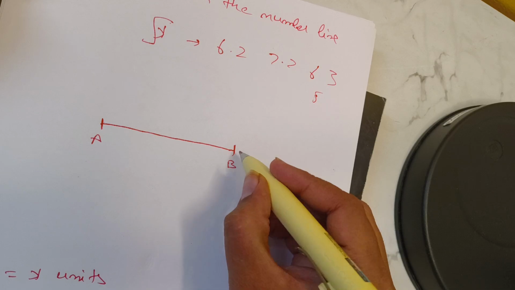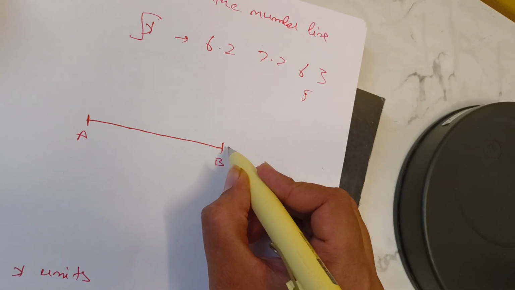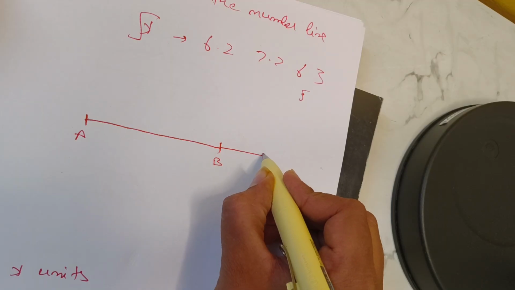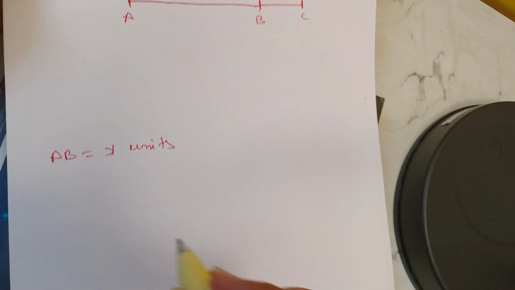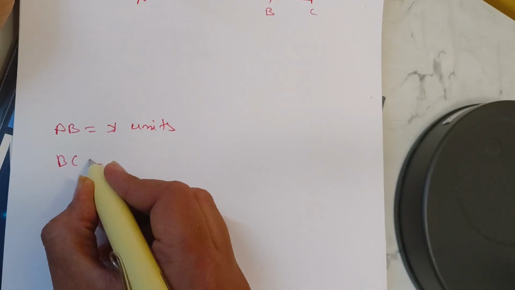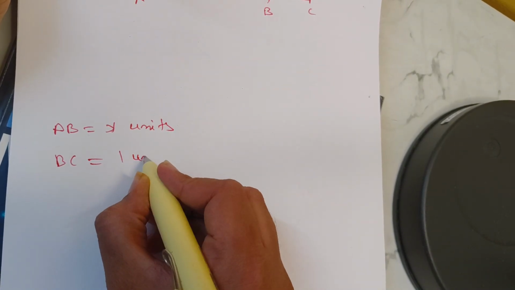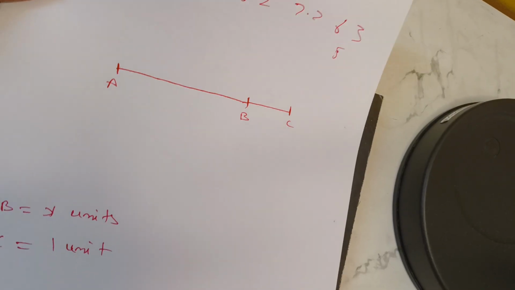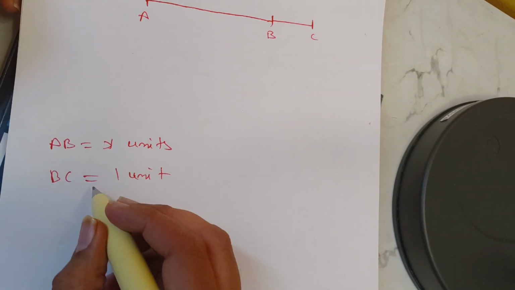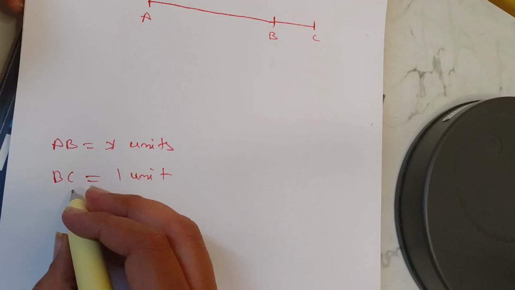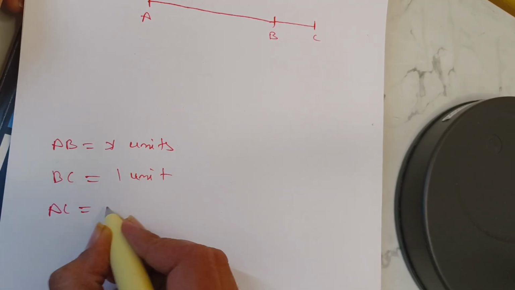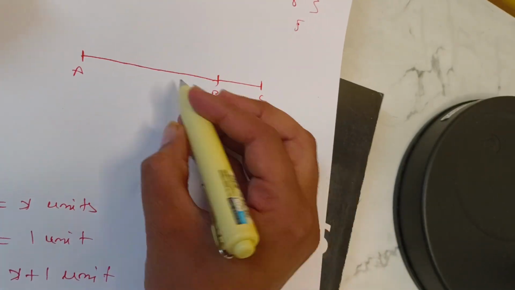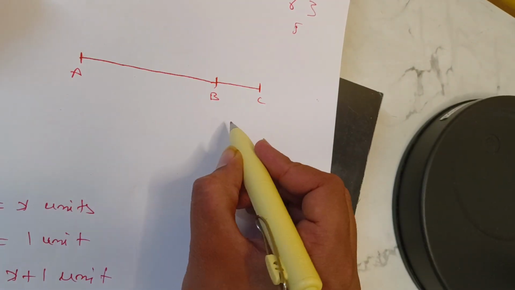Now we will draw 1 centimeter, 1 unit from B to C. So our AB was x units, BC is 1 unit. So if AB is x, BC is 1, we get AC is equal to x plus 1 unit, right? This is x, this is 1. So this total is x plus 1.